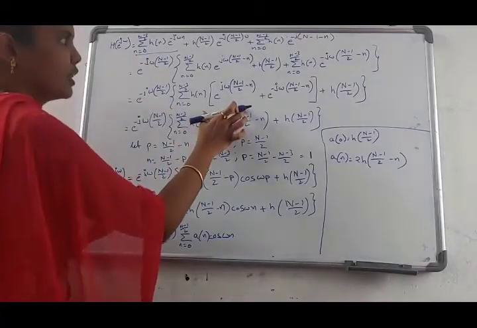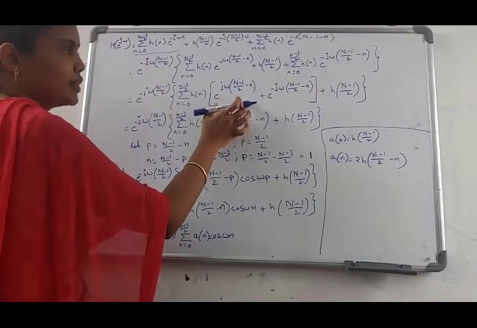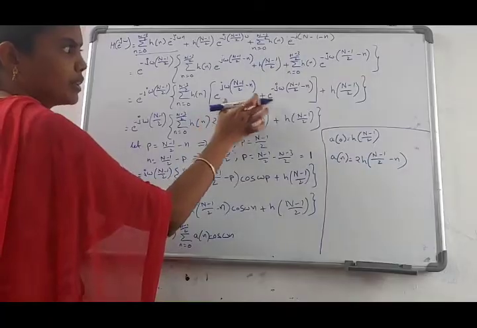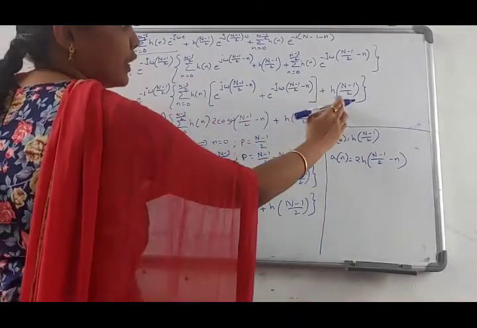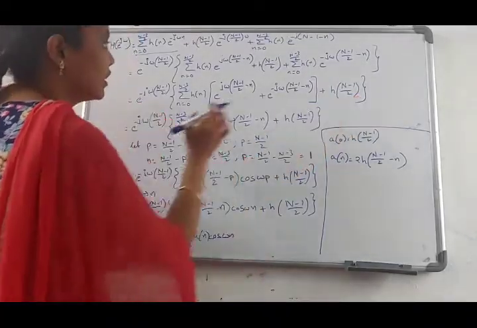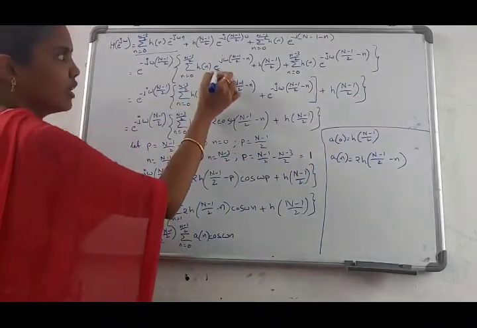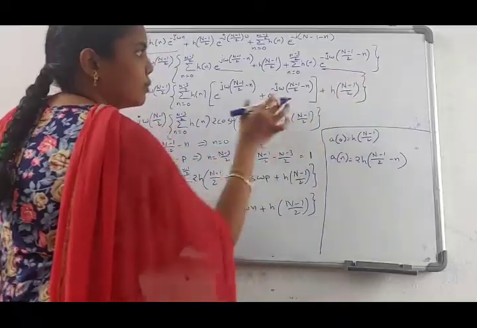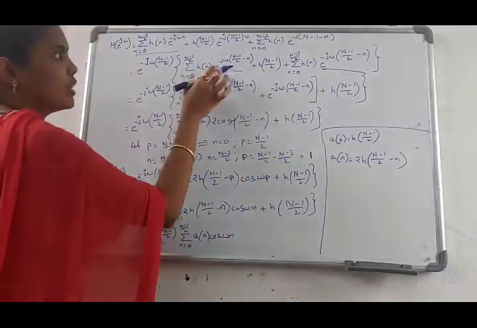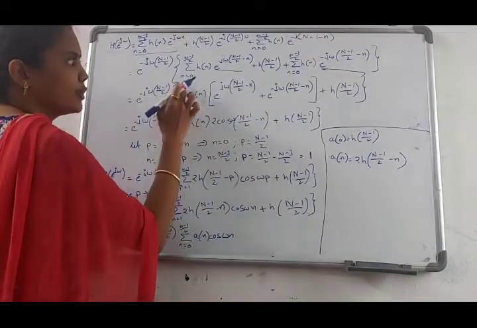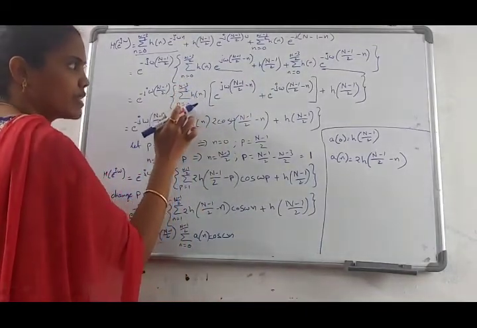After that, in this equation, write the exponential e terms in one bracket, and h of n as the remaining one. In these two terms, summation n is equal to 0 to (N minus 3)/2 of h of n is common.